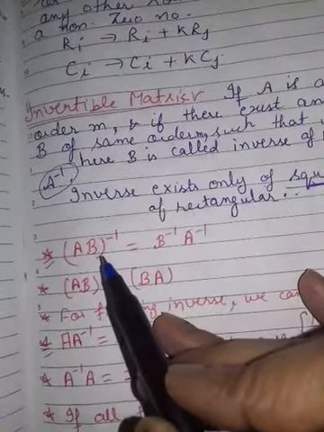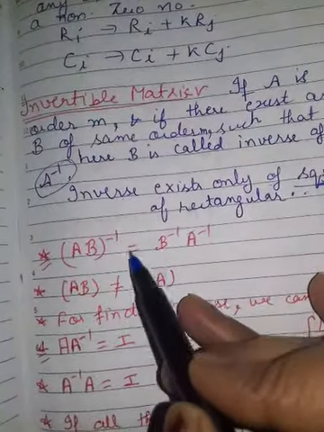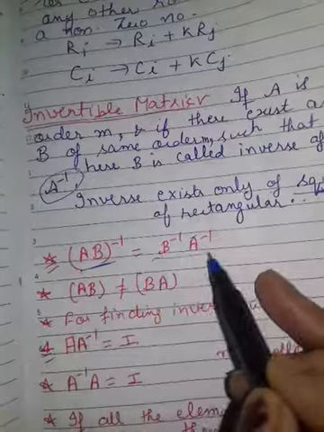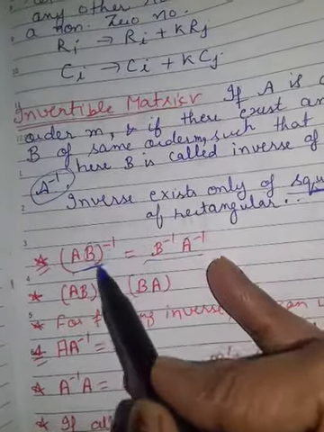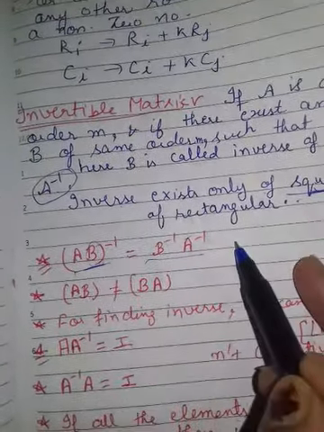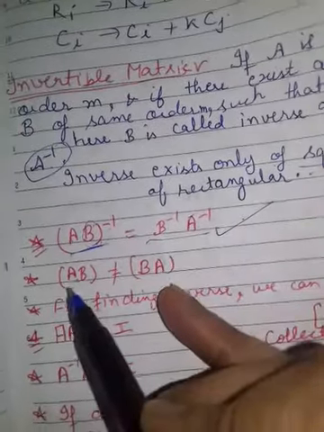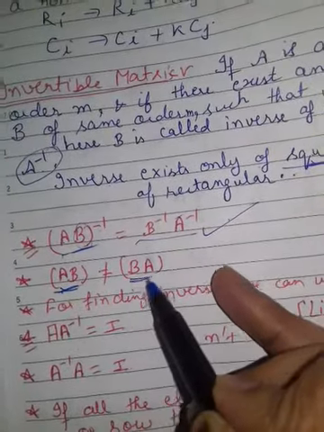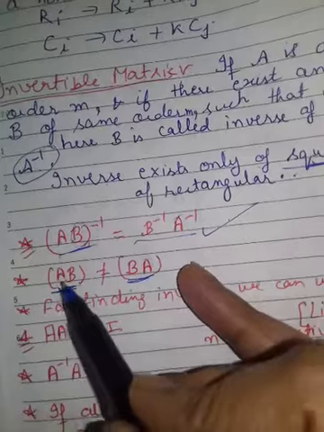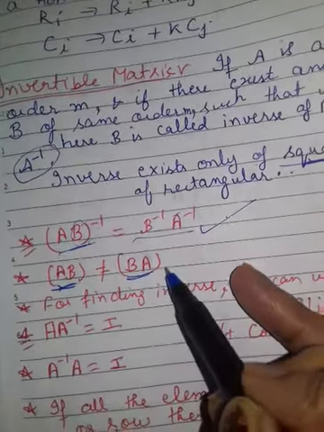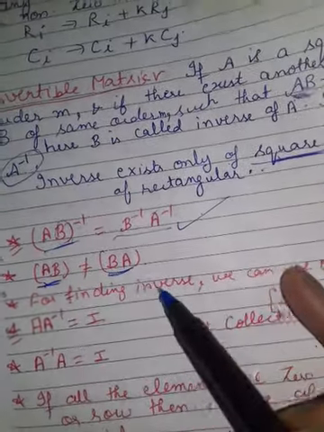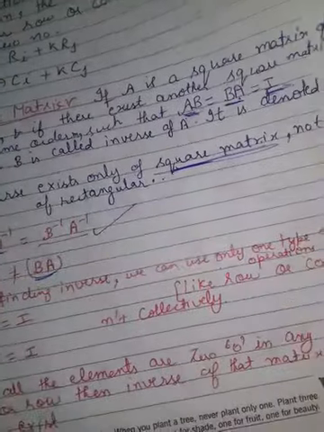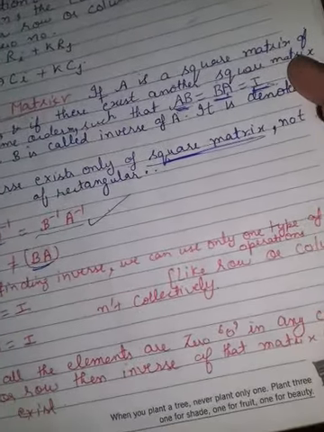And some more points to remember. The inverse of AB, when you open it, its result will be the inverse of the second one first, then the inverse of the first one. Clear? And the product of two matrices is not commutative, meaning AB is not equal to BA. Third, for finding an inverse we can use only one type of operation.